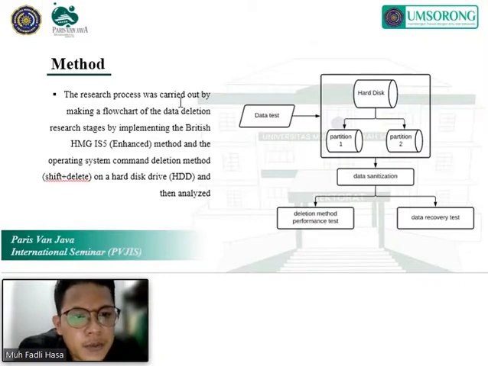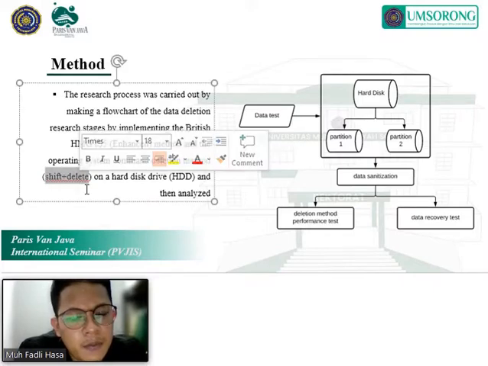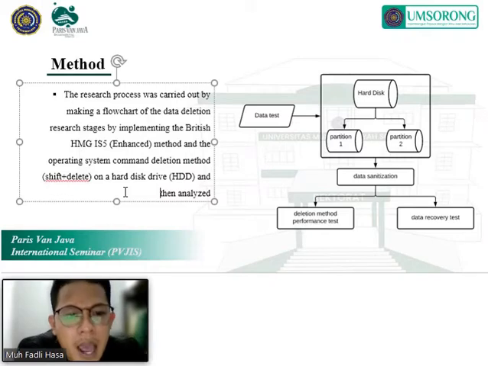The research process was carried out by making a flowchart of the data deletion research stages, implementing the British HMG IS5 method and the operating system command deletion method. For this case, we use shift plus delete on the hard disk drive and then analyze it.